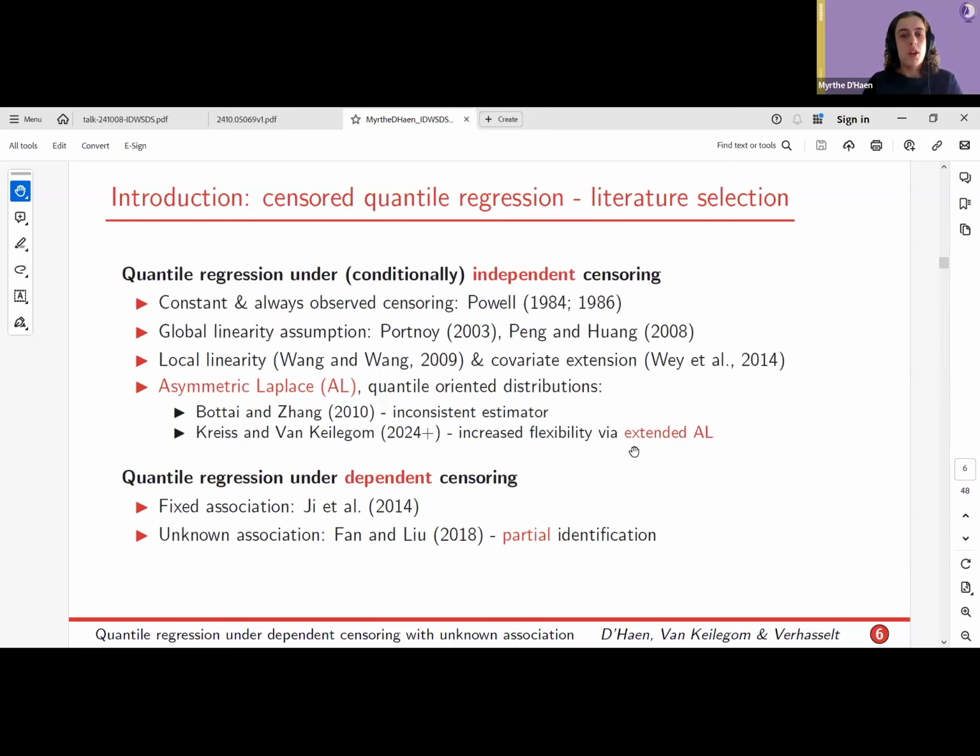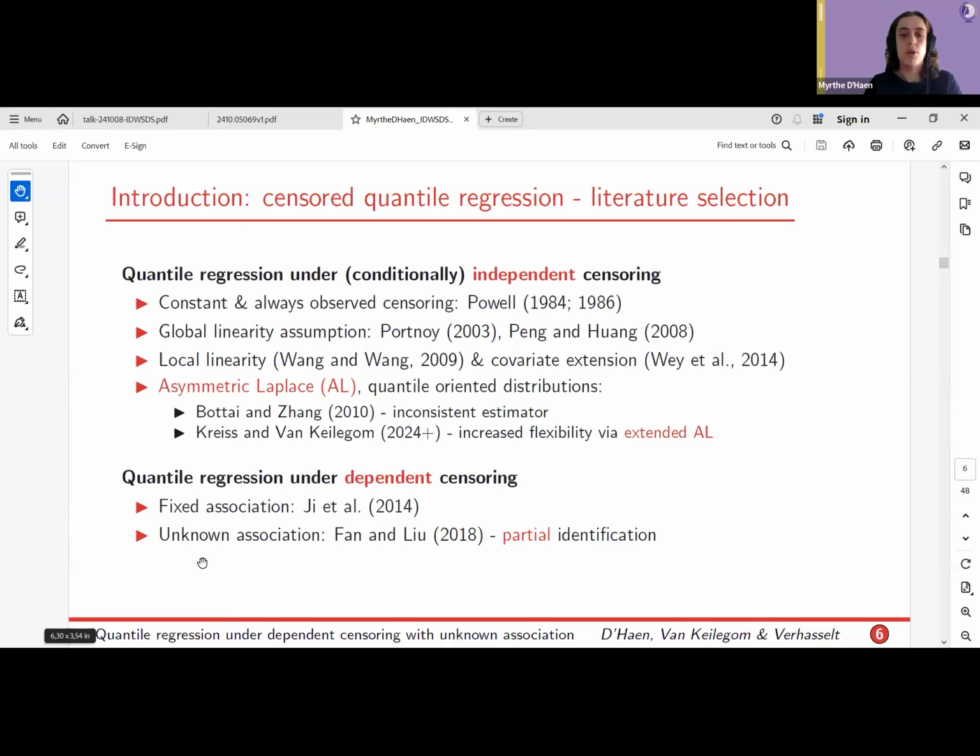Now, on the other hand, there is a category of the dependent censoring papers in quantile regression. And here I didn't make a selection, but to the best of our knowledge, there are only 2 papers available. One of them assumes that the association parameter is fixed. And the other one is pretty close to our context. They also work with copula models, as we will do.